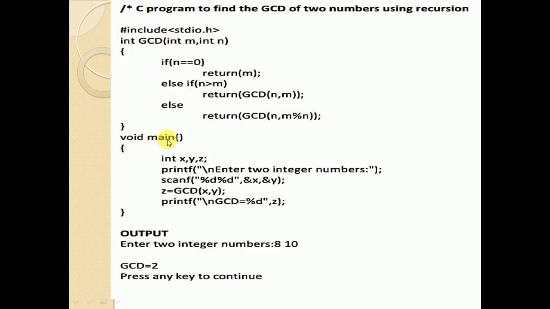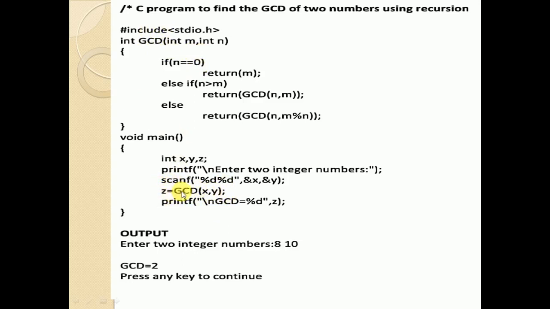Now in the main function we have declared three integer variables x, y, z, where they read the two integer numbers x and y. z is a variable to which we assign the result of calling the GCD function, which returns the GCD of x, y, and it is stored in the z variable.